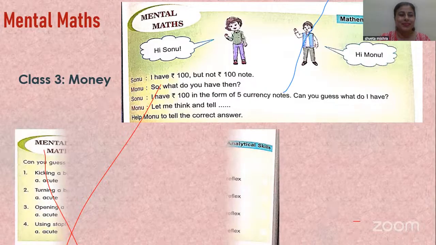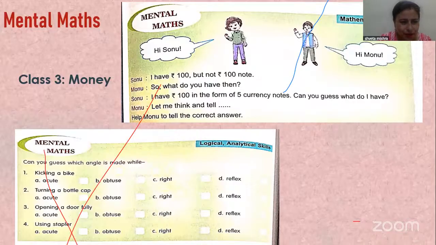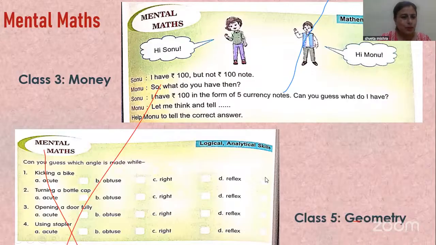Very good. Now there are again very small questions based on angles. Can you guess which angle is made while kicking the ball? Teachers, please give me the correct answer. Which angle is made while kicking the ball?